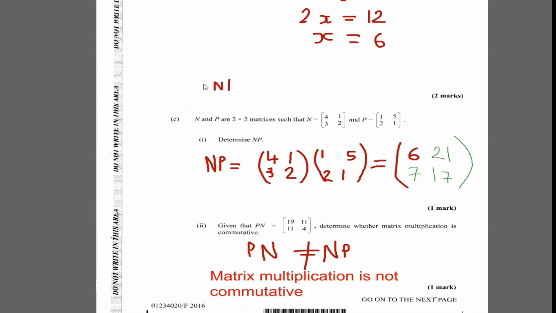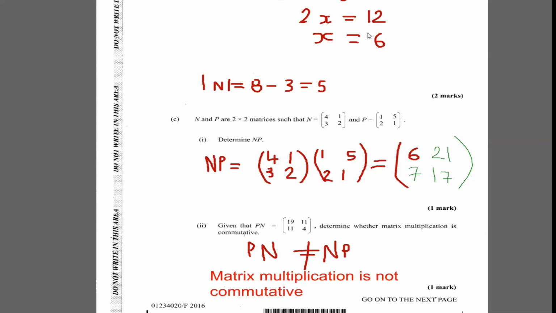The determinant of N is a product of the leading diagonal, which is 4 times 2, minus 1 times 3. 4 times 2 is 8. Product of the leading diagonals minus non-leading diagonals. And so the determinant of N is 5. Then the adjoint of N means we interchange the leading diagonals and negate the non-leading.